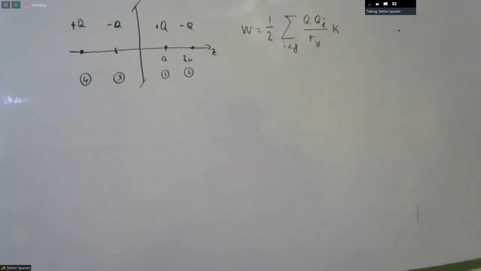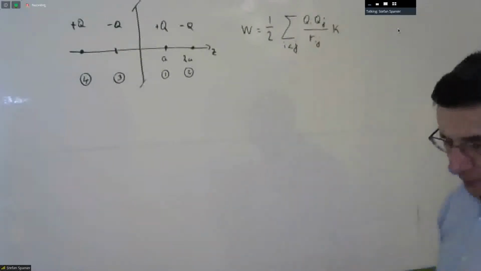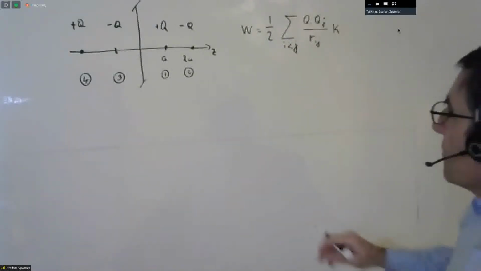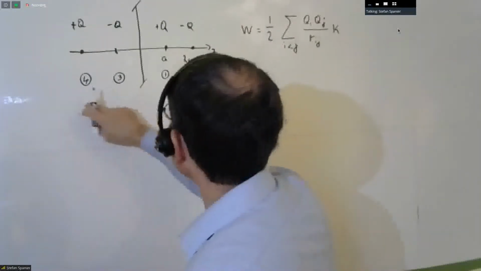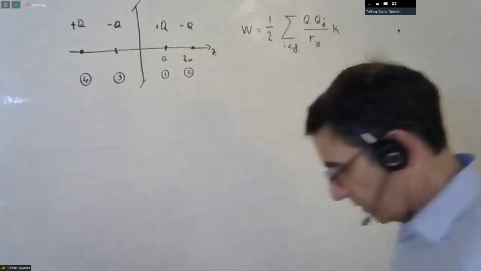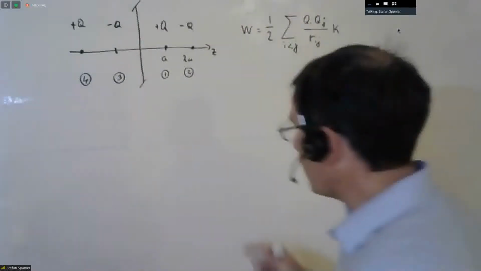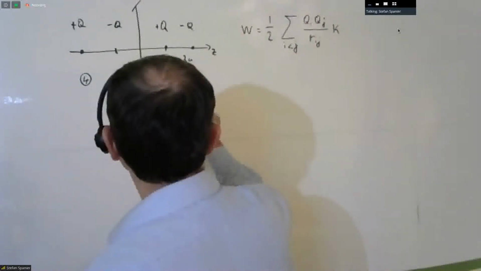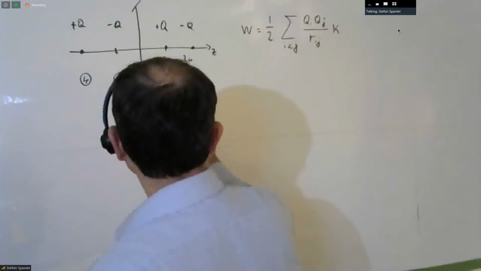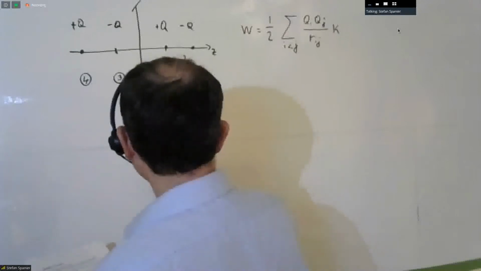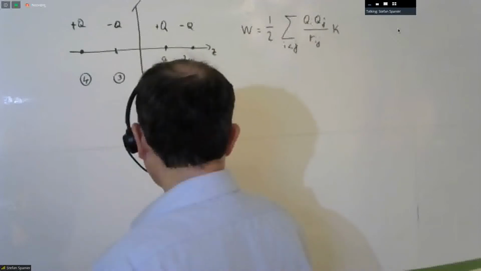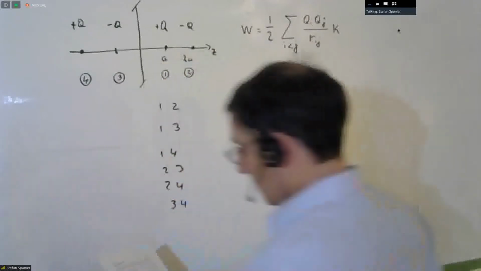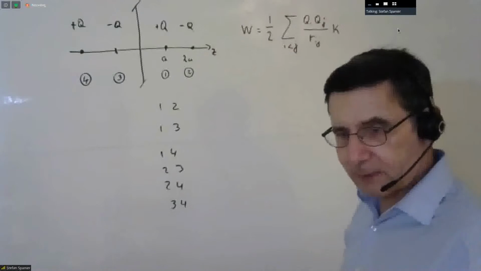That's important because now we have to really sum these combinations. 6 combinations, no? 1,2, 1,3, 1,4, 2,3, 2,4, and then 3,4. So we have 6 unique pairs, and I recommend to do this very systematically, to write them out, and sum them up later.